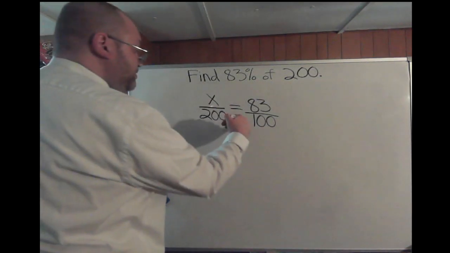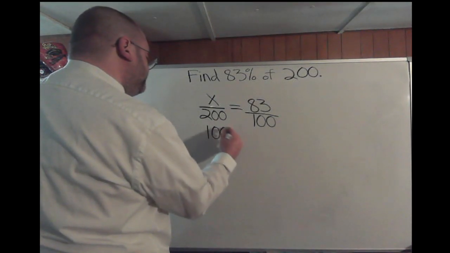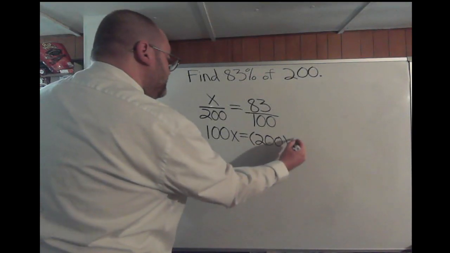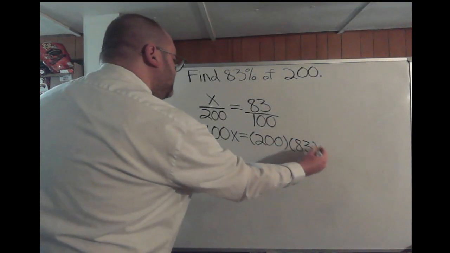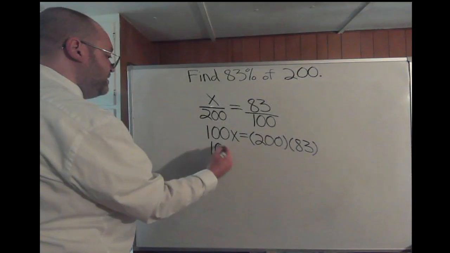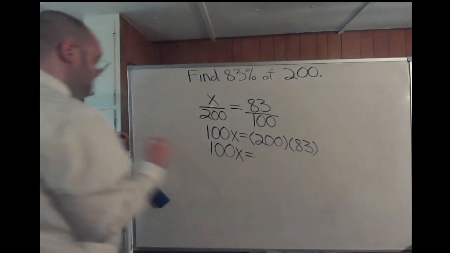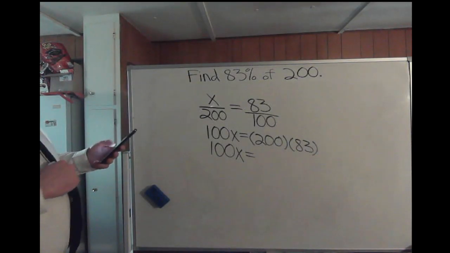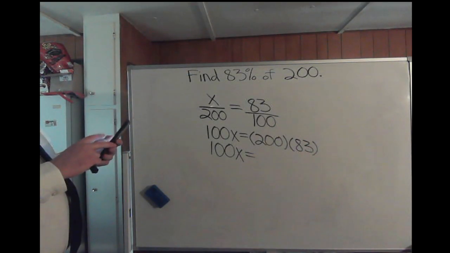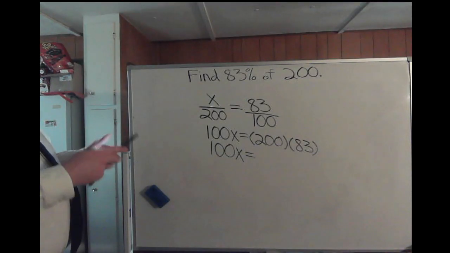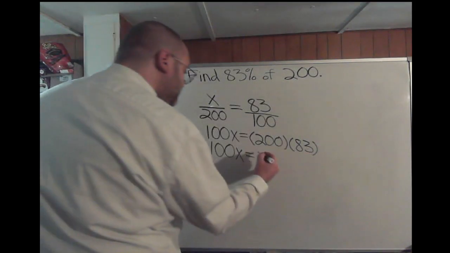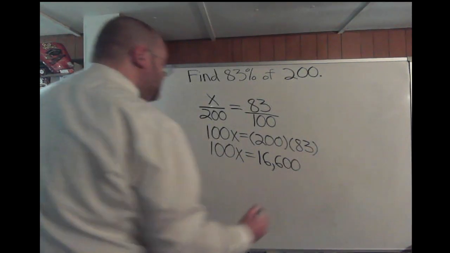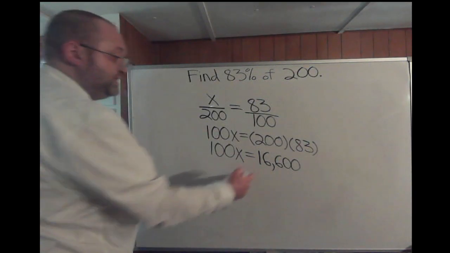We can go ahead and start solving this proportion. So, x times 100, that's 100x. You'll set that equal to 200 times 83, which is 16,600. So we have 100x equals 16,600.